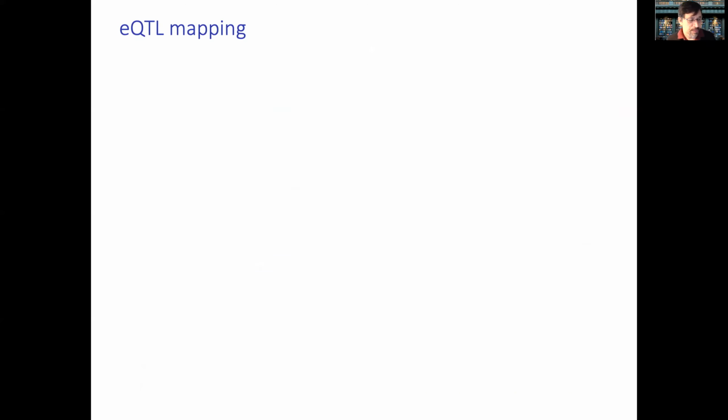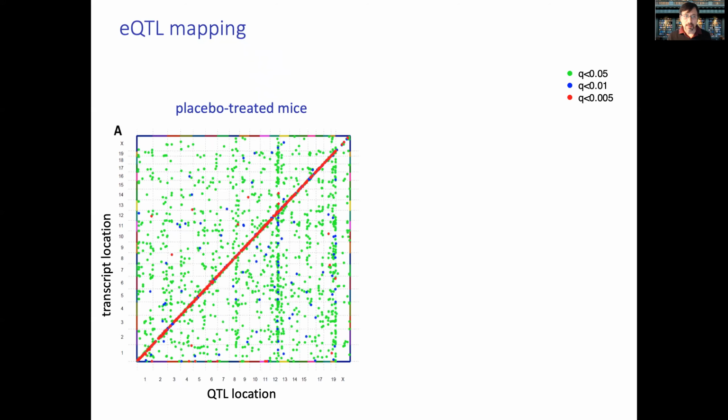One of the parts of those studies that I found really interesting, and that really brought home the difference between considering directly measured phenotypes versus deltas, was the eQTL mapping. We didn't really talk about this in the papers, but first of all, we did eQTL mapping on the placebo-treated only mice, and this is a very typical kind of eQTL mapping.